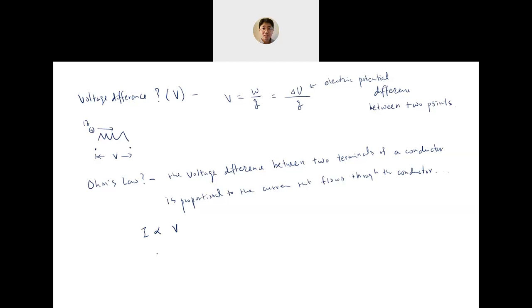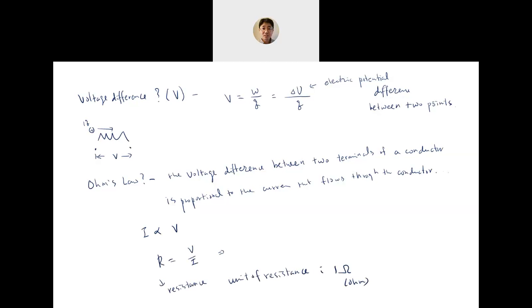In this case, the proportional coefficient R is equal to V over I. That is called resistance. The unit of resistance is 1 ohm.